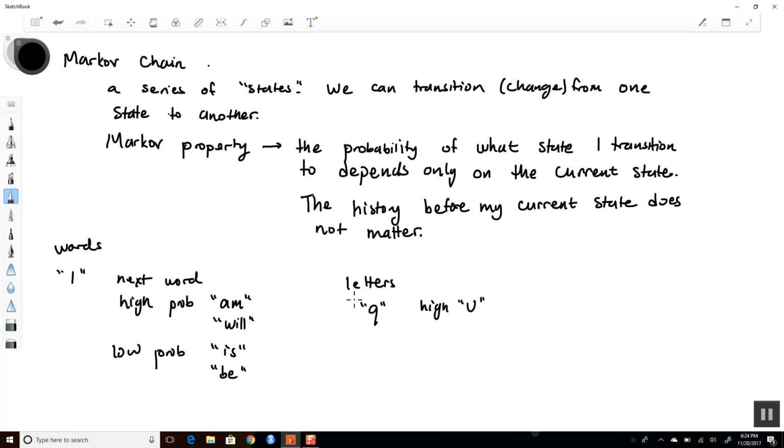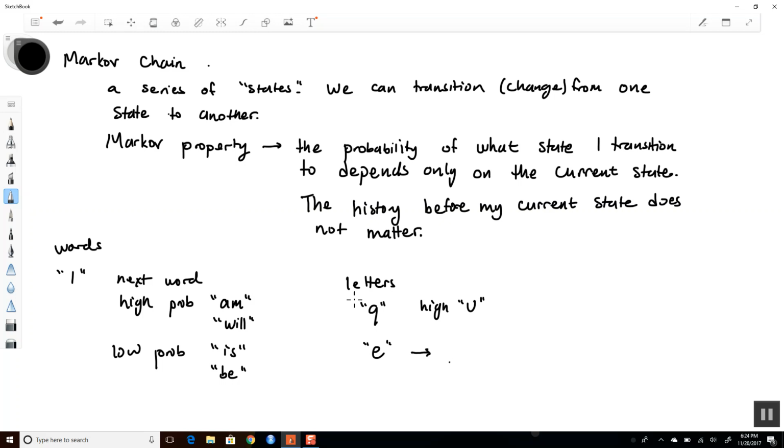And low probability for almost every other letter for what comes after Q. And then other things like if you have the letter, I don't know, the letter E, then many other letters will have a high probability, and I don't know exactly what's going to come next.